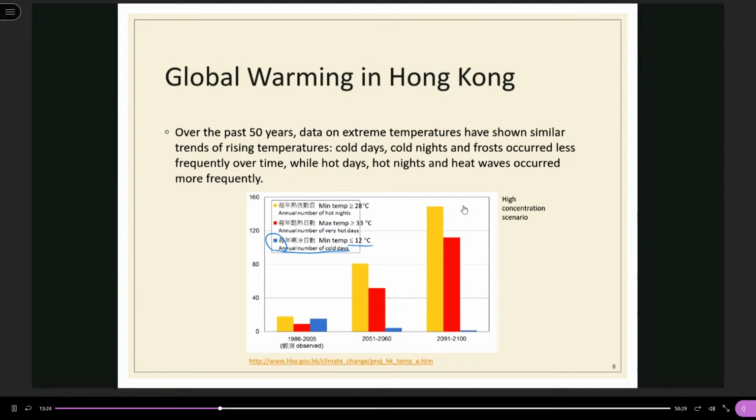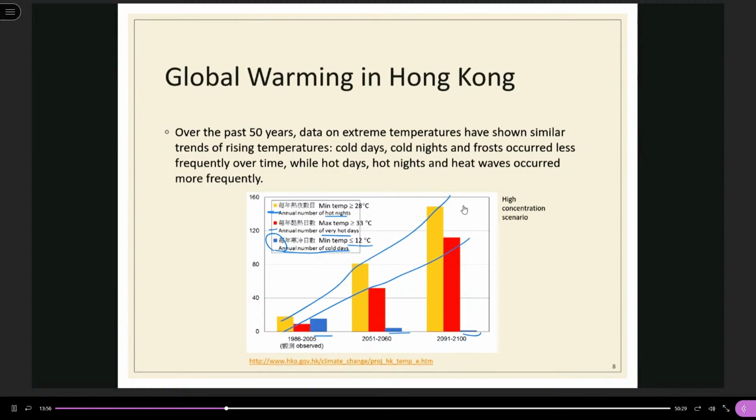We are getting less and less cold days and nights, while hot days, hot nights, and heat waves occurred more frequently. The yellow color is the hot nights, and the red color is the very hot days. We have more and more hot days and hot nights.